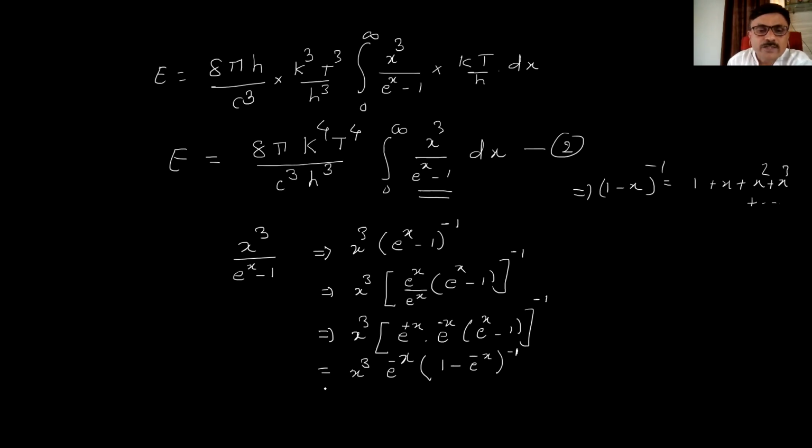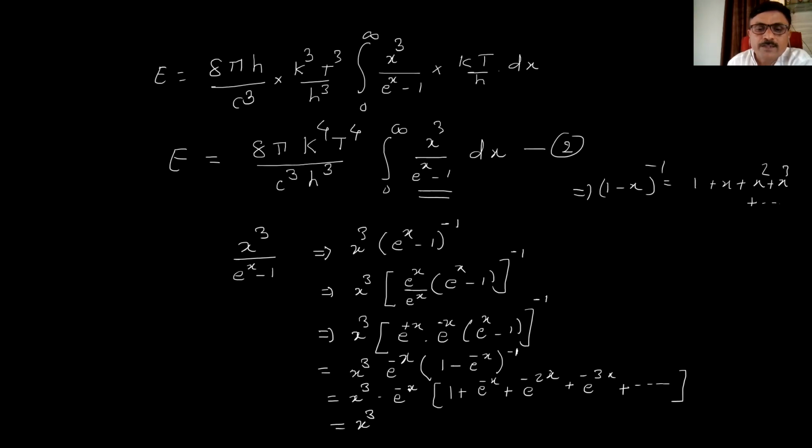So using this, we can write this as x cubed into e raised to minus x into bracket 1 plus e raised to minus x plus e raised to minus 2x plus e raised to minus 3x and so on.